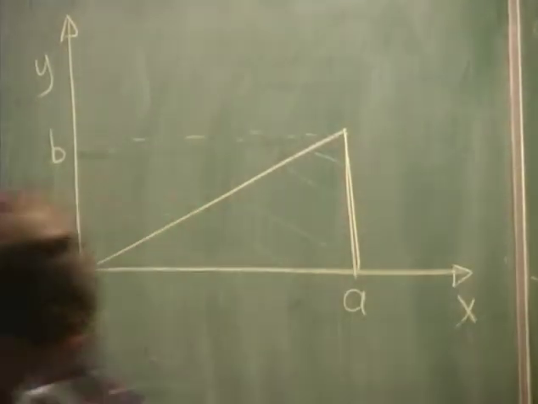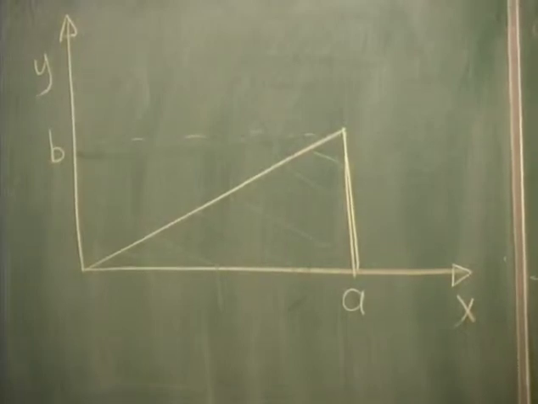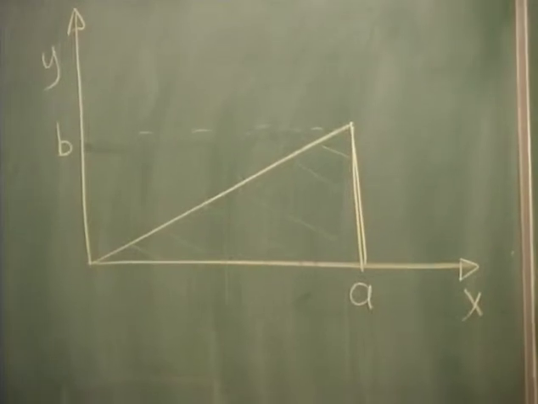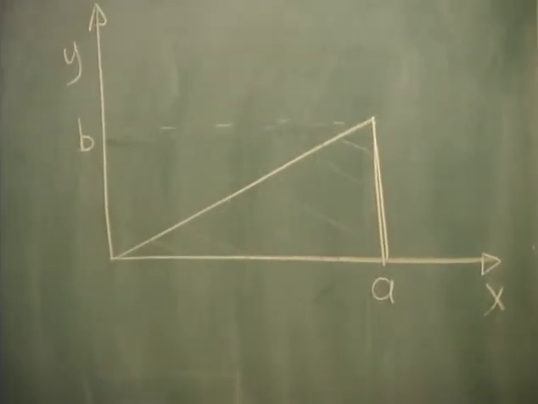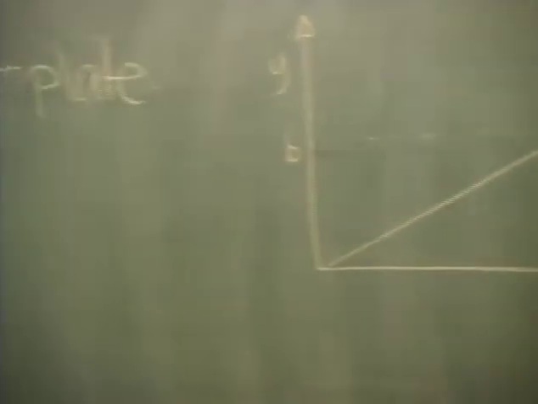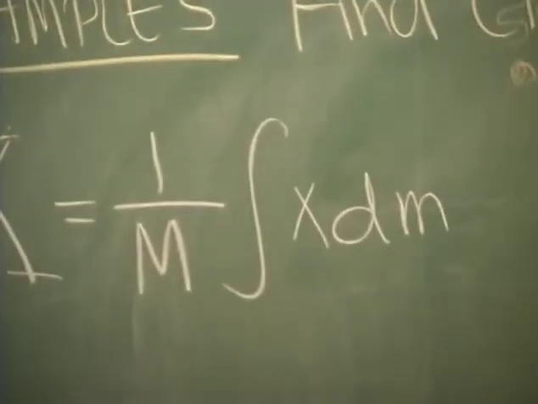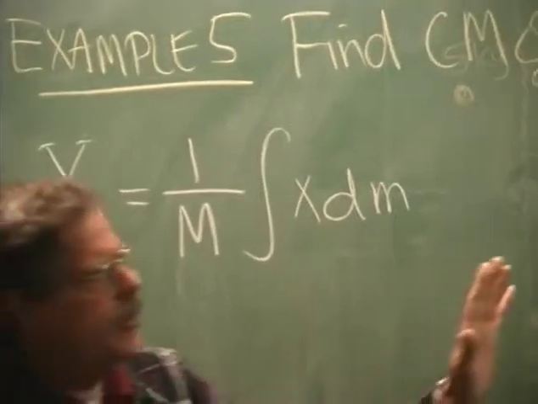So x, first of all, the x component is equal to 1 over the total mass of this thing times the integral of x dm. Now, how am I going to chop this into pieces?